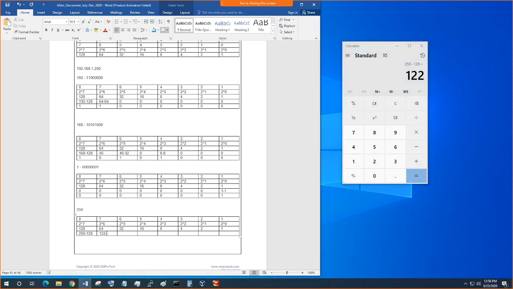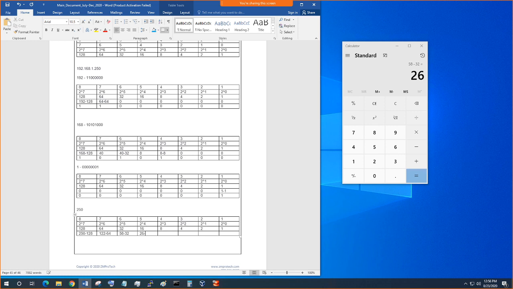122 minus 64. How much is it? 58, right? We're down to 58 minus 32. 58 minus 32 is 26.